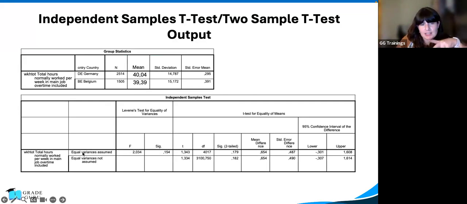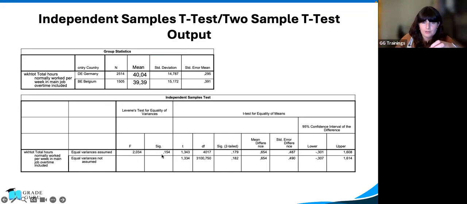Do you see here it says equal variances and then equal variances not assumed? This is the H0 of Levene's: variance of group 1 equals variance of group 2. And equal variances not assumed is the non-directional H1, which means the two variances are not equal.